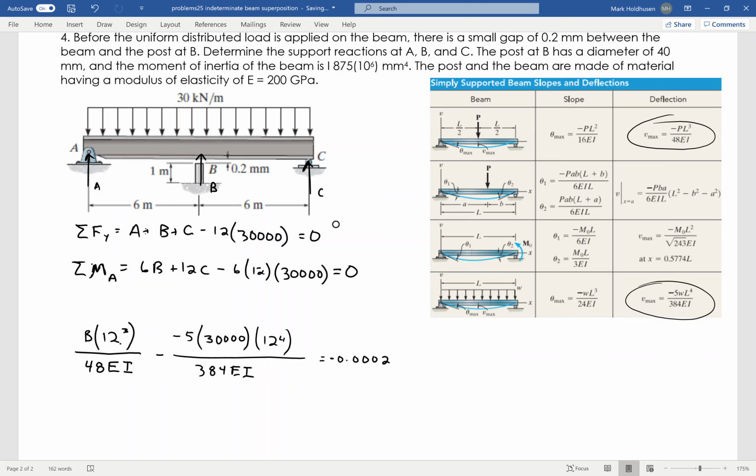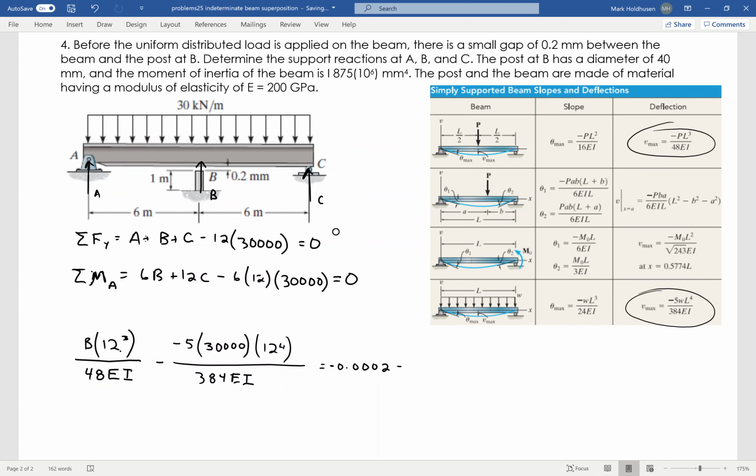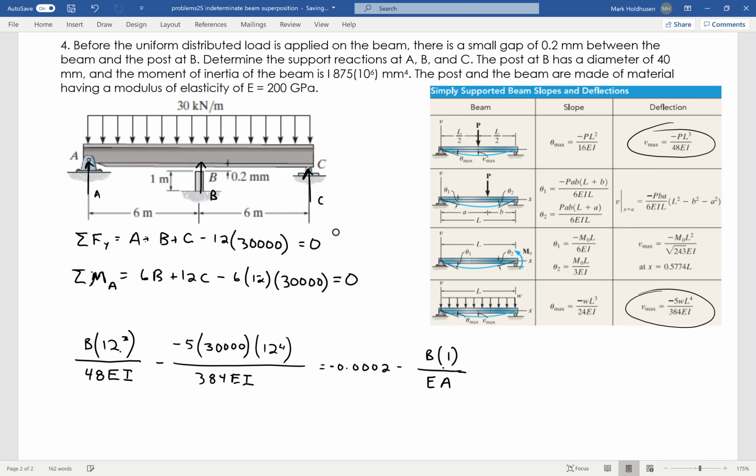And then another negative deflection, and that deflection is going to be BL over EA, right? So B, L is 1, E we're going to leave alone, and then A. It has a diameter. I'll leave it at A for right now. We'll deal with that in a little bit.